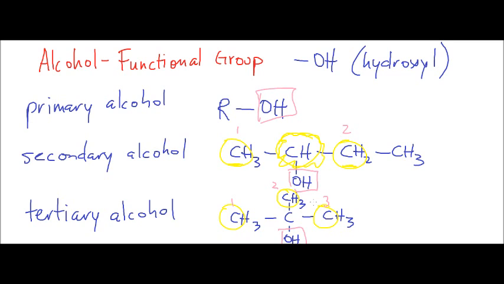So in this video, we're going to look at how to go about naming, how to go about drawing, and we're going to look at a few physical properties of alcohols. So let's go about naming.